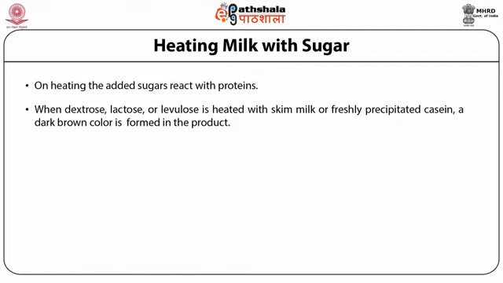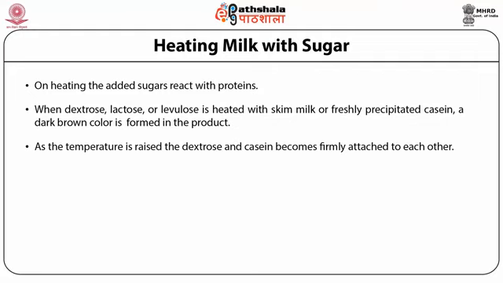This dark brown color is due to formation of lactic acid and casein compound. As the temperature is raised, the dextrose and casein become firmly attached to each other, and most of the biuret action of milk is lost.